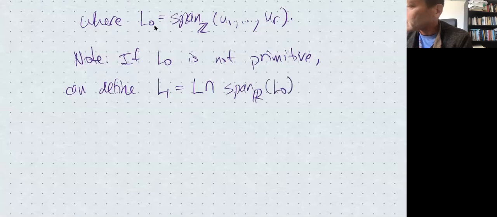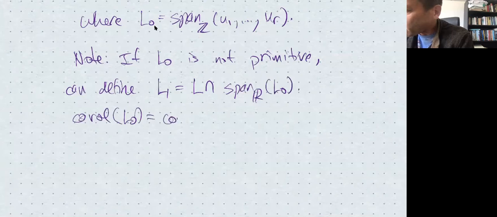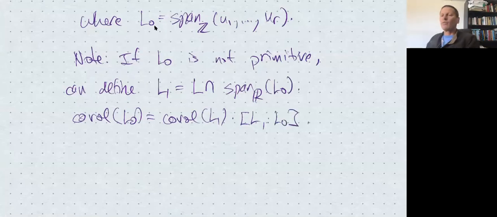So this is a primitive additive subgroup that contains L0 with some index, and then as we saw, the co-volume of L0 will be the co-volume of L1 multiplied by the index of L0 inside L1 as an additive subgroup.